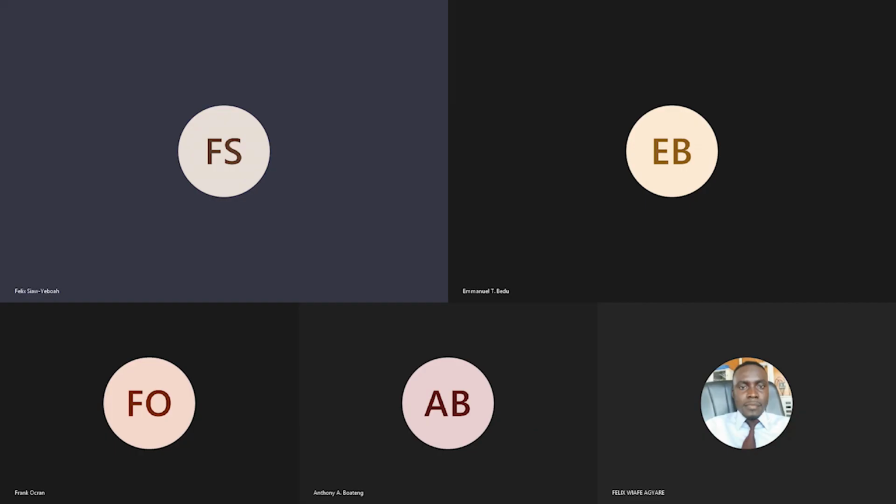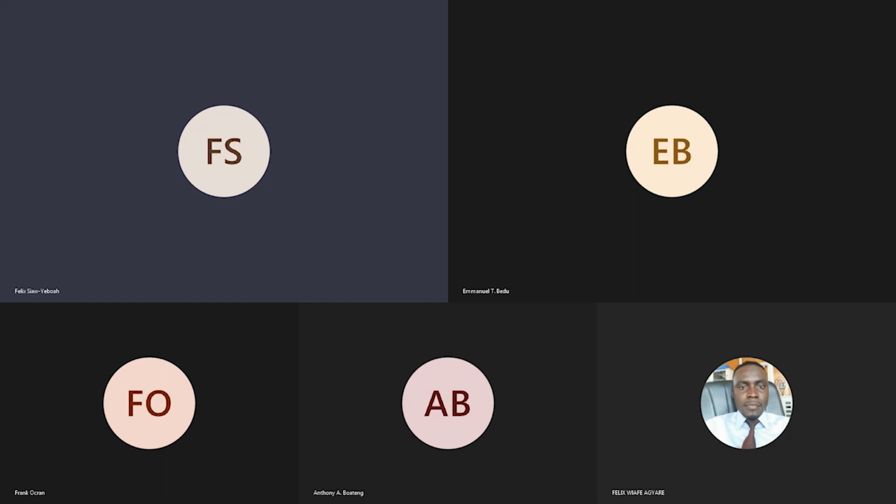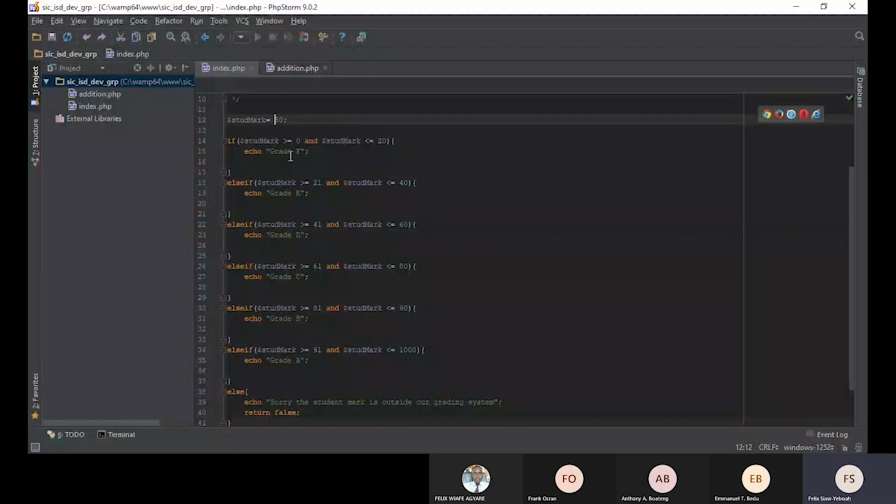Let's make some swift changes there. And enter, let's say, 150. Sorry, this one is 1000. Let's make it 150. So let's see what the 150 will produce.